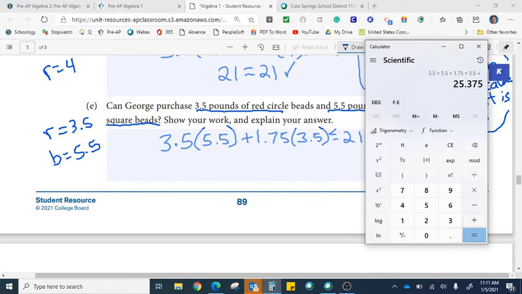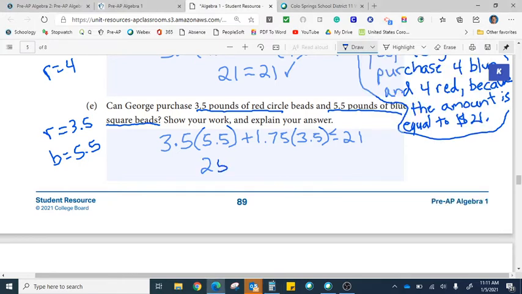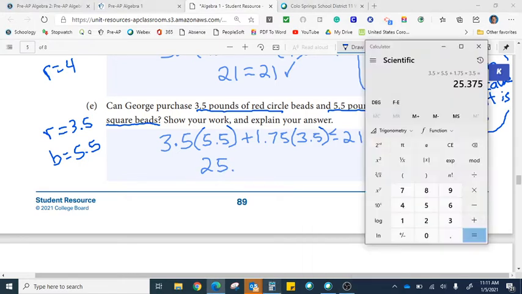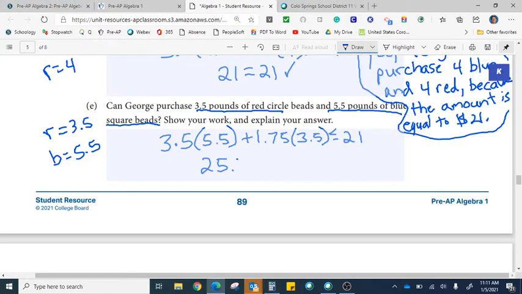All right, so we get 25.375. So it's $25.38, which is greater than 21.